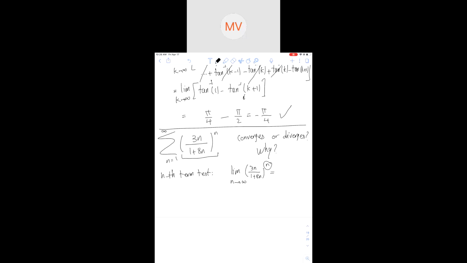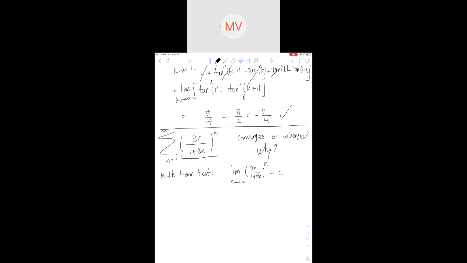If that n wasn't there, yeah, the limit would be 3 over 8. The limit of that is 3 over 8, you're right. Well, there's an n over there. The limit is 0. Think about the limit of the inside, 3/8. 3/8 is a number less than 1.